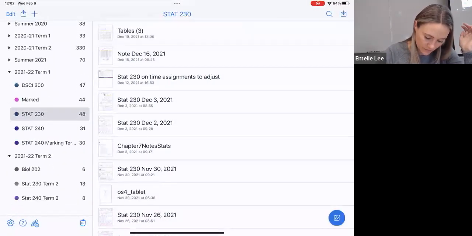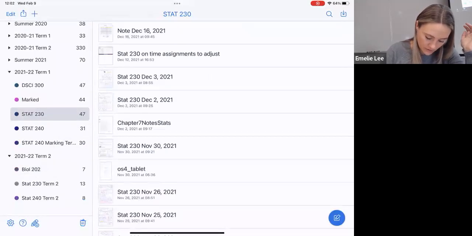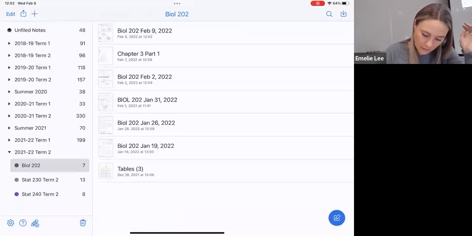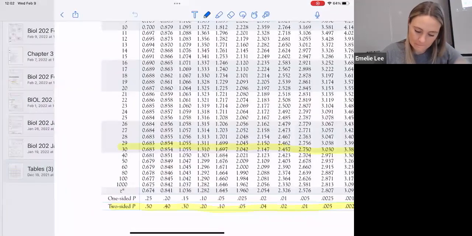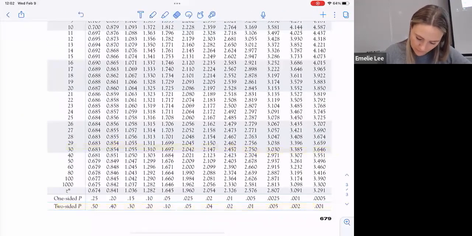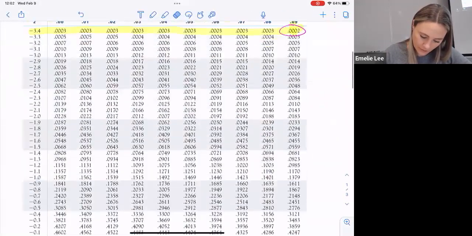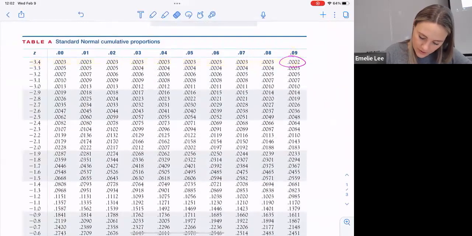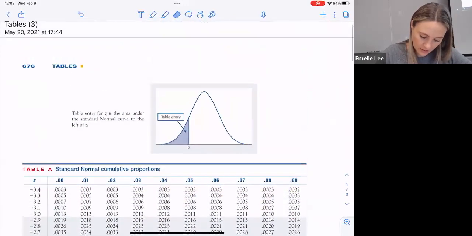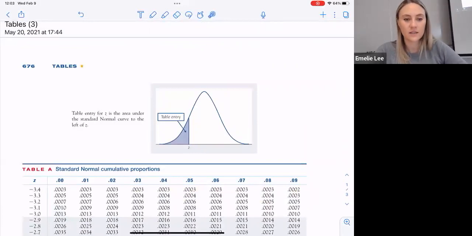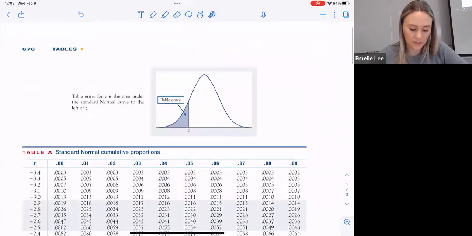Bring it in here, I think. And I'll erase this all. Okay, so the table that I gave a printout of looks like this.